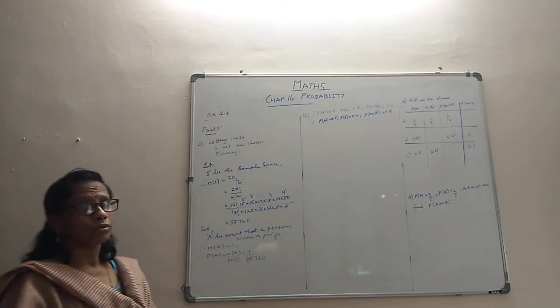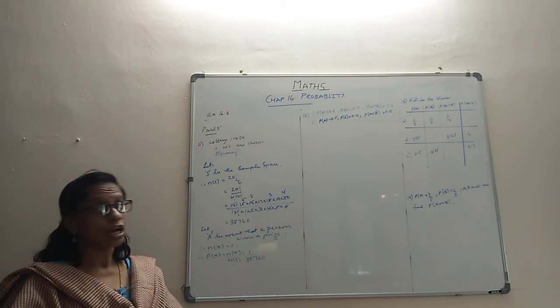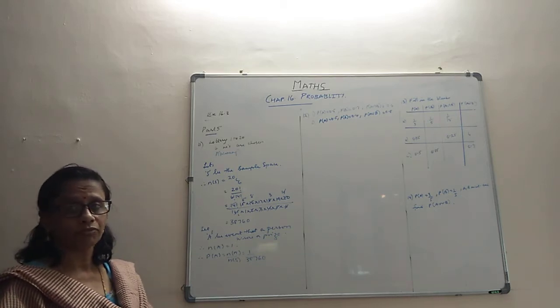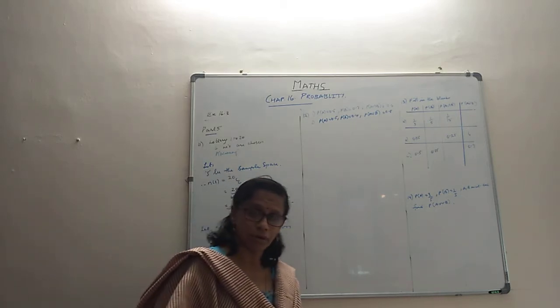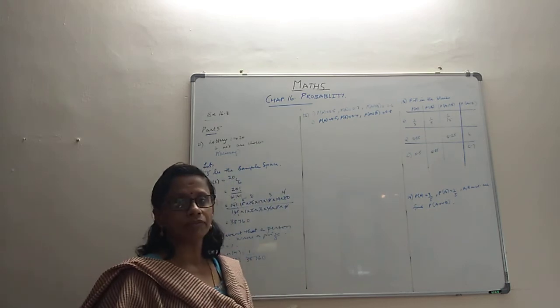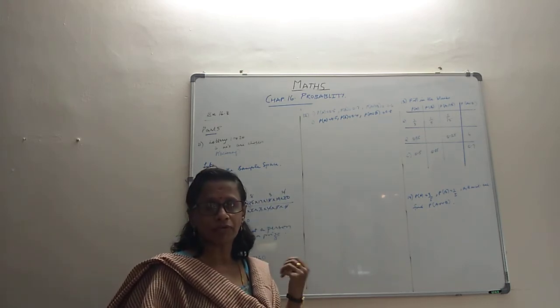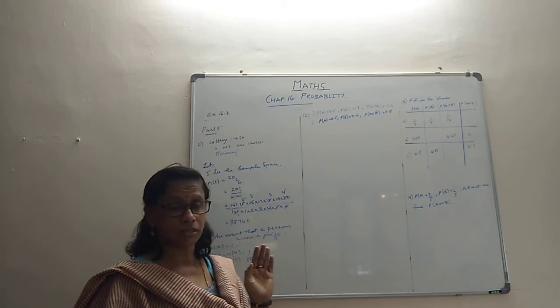Now from the next problem onwards, we are going to take one formula, and on the basis of that formula we are going to proceed and do the problems. A part of it we have already done in the set chapter.